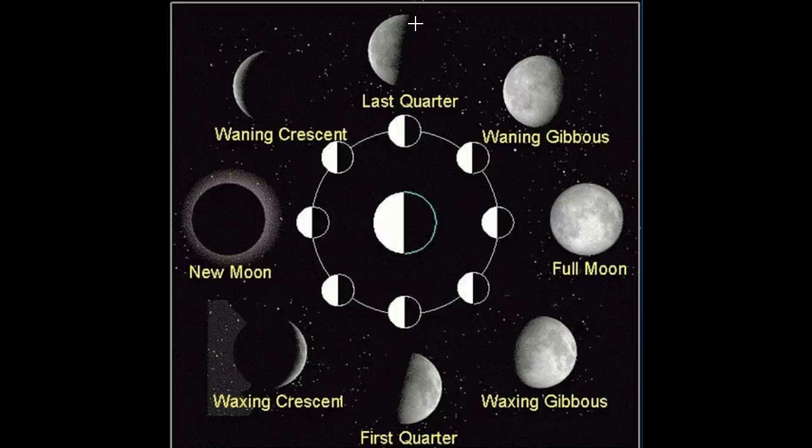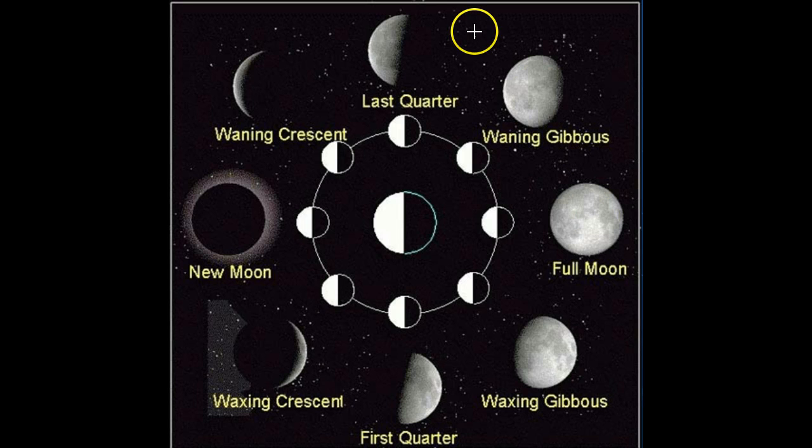Now the name last quarter moon has to do with the fact that if you look at the entire circle, our first quarter is a quarter revolution. Our full moon is a half revolution, so sometimes you'll hear the full moon called a half moon, which is really confusing.